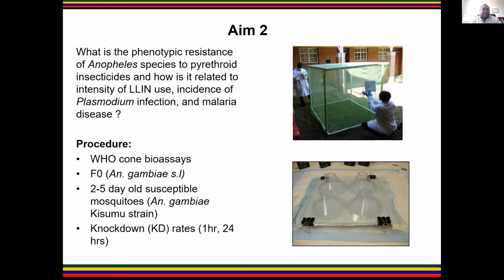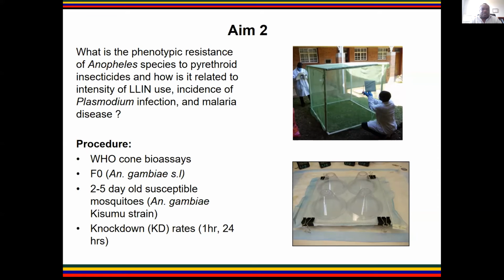On the second aim, which looked at insecticide resistance, we collected data using WHO cone bioassays. We used two different types of methods. The first one looked at mosquitoes that were hatched from larvae that were collected from the sites.